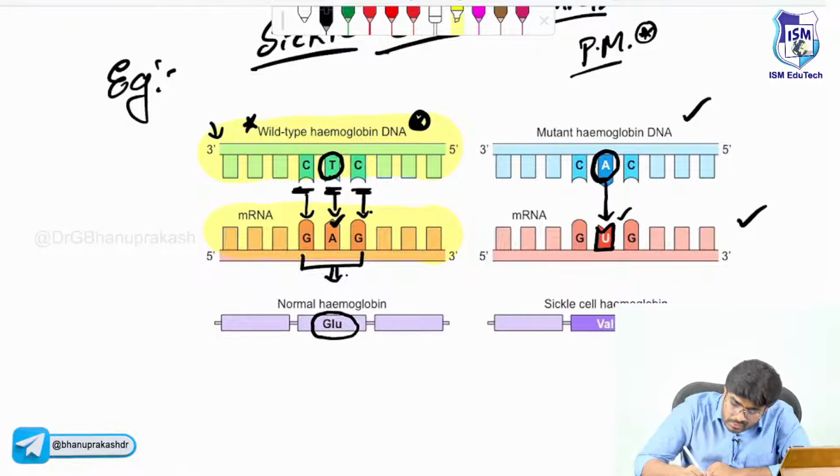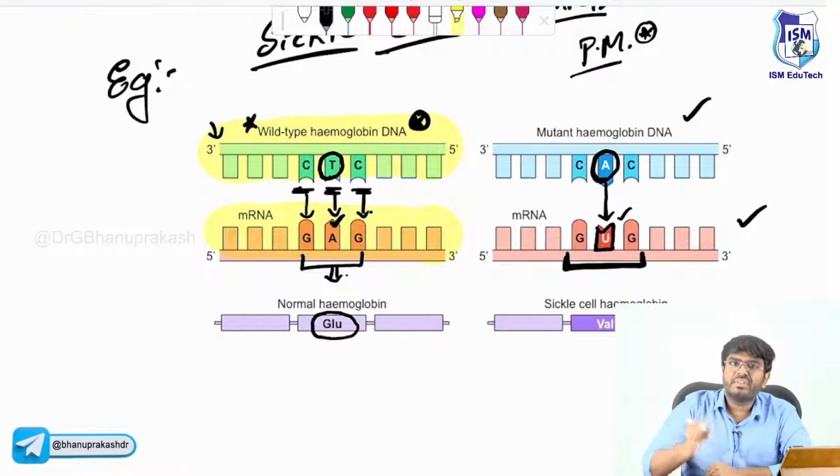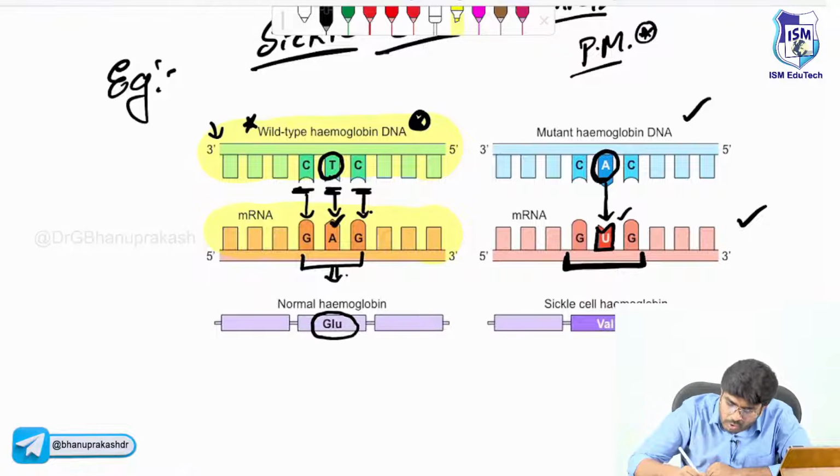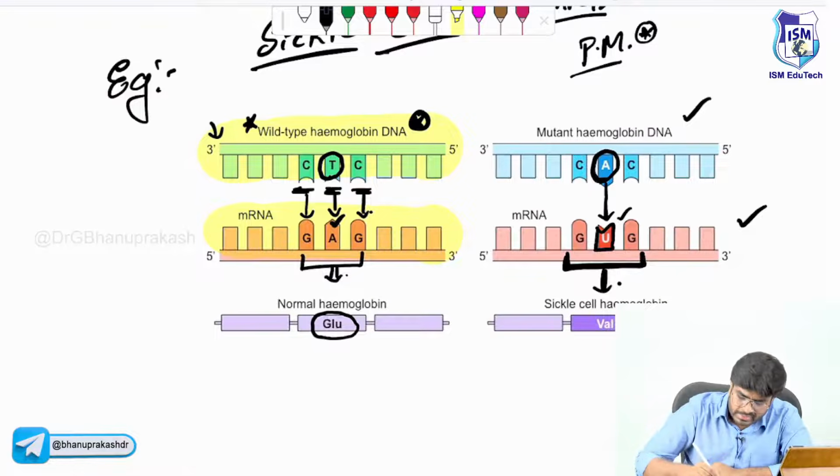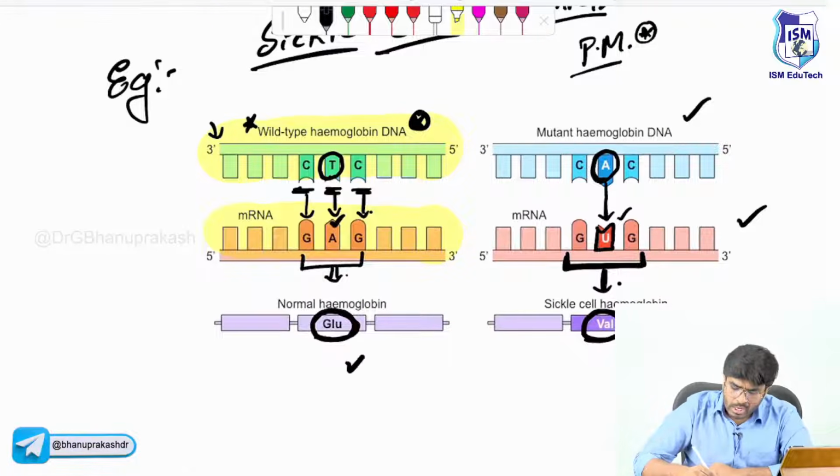Now this codon, GUG, this trinucleotide, is going to code for valine. So in the place of glutamic acid, now it is replaced by valine. Can you call this normal hemoglobin? No, this is not normal hemoglobin. This is sickle cell hemoglobin.